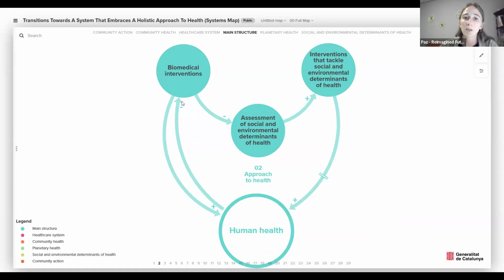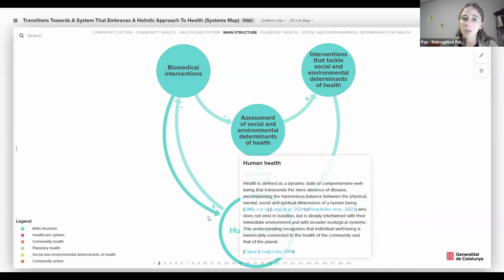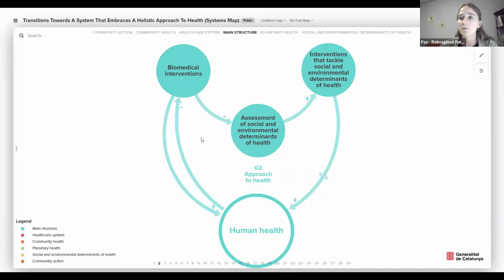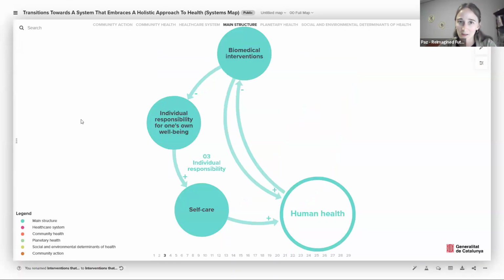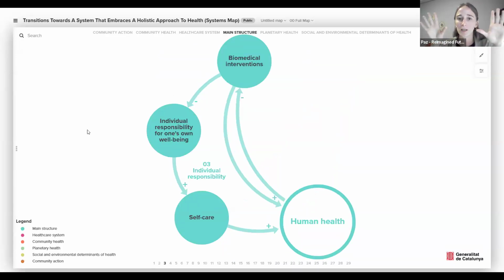So the problems are solved, you can see this positive sign here, but this diverts the focus to a more fundamental solution.